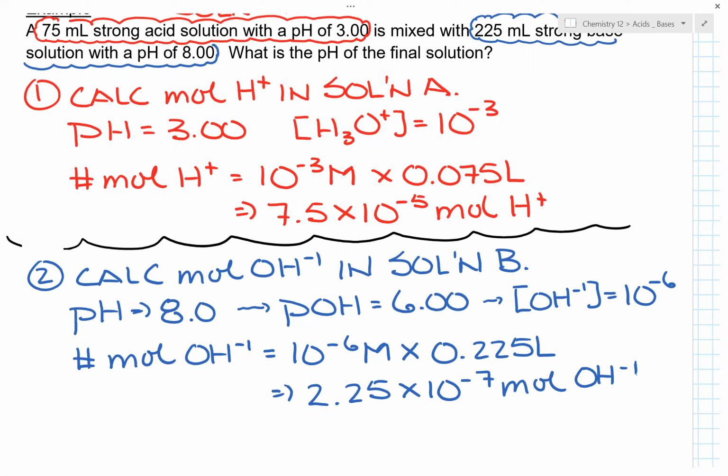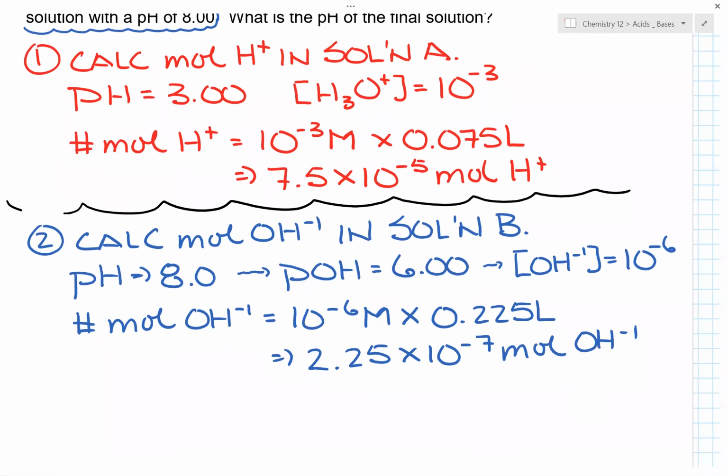Okay, so far so good. Now, in this particular case, notice that we have an acid solution, so we concentrate on moles of H+, and we have a base solution mixing. That's why we have OH-.